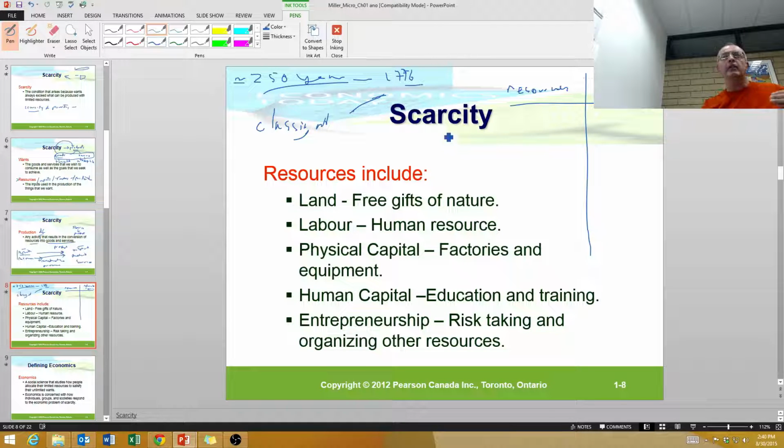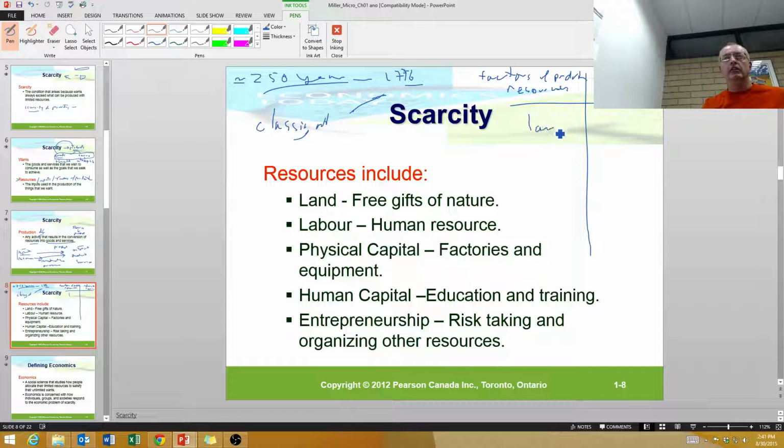And in classical economics, there are four factors of production. Remember, we said resources, factors of production. So in classical economics, there are four factors of production.